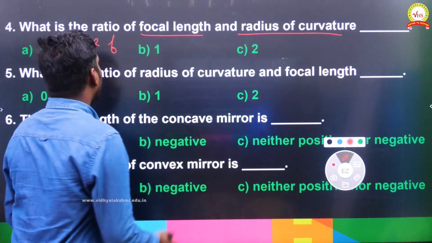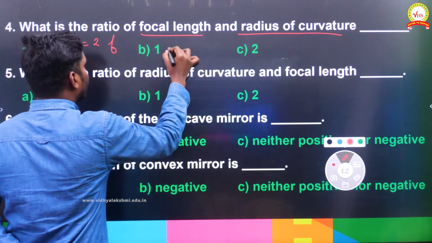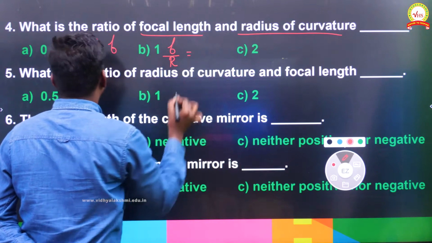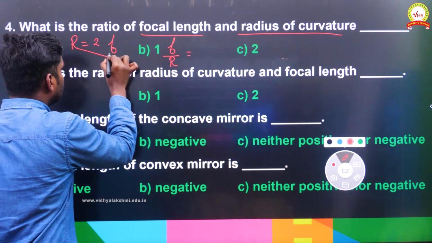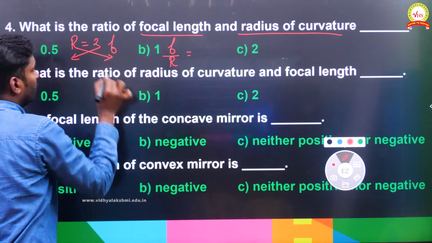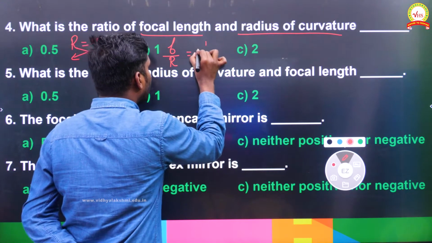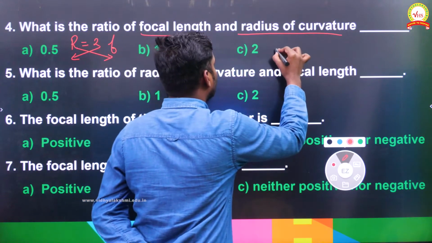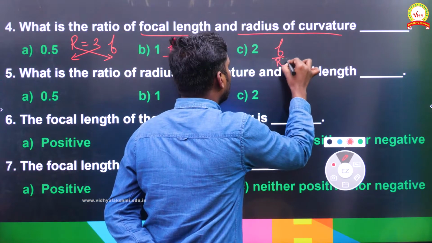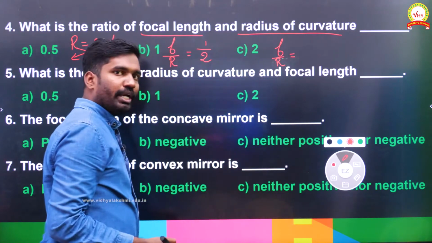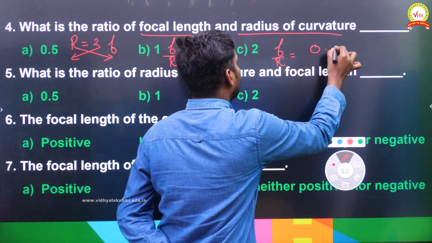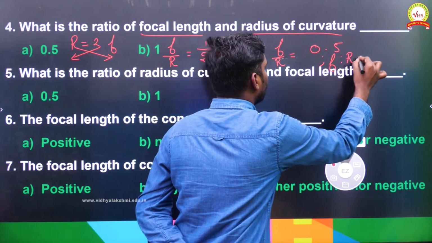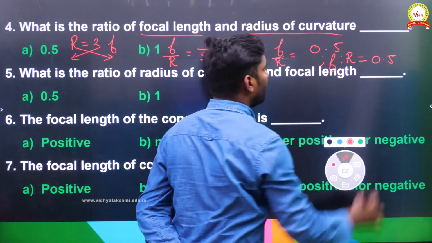So you are going to find F by R will be equal to, the R will go this side and 2 will come over here, so 1 by 2 it will be. Clear? So how can we write? F by R will be equal to, if you divide 1 by 2, we get 0.5. So you can write F is to R will be equal to 0.5.